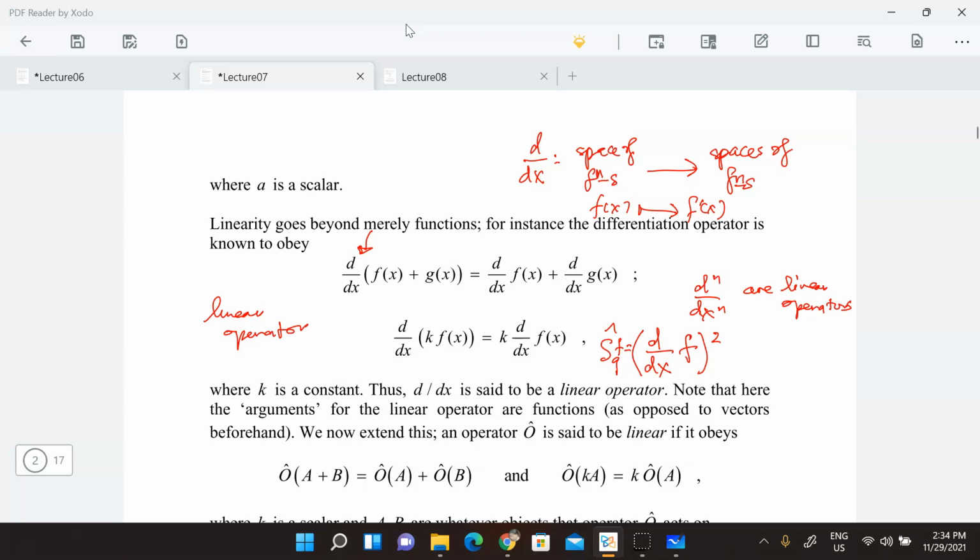Okay, or whatever symbol that you want to use. Then this square is not a linear operator. You can check that for yourself.